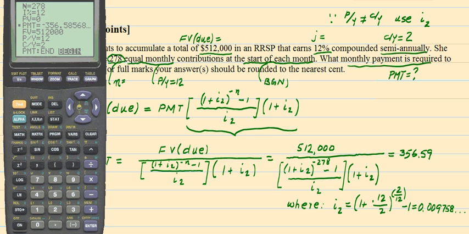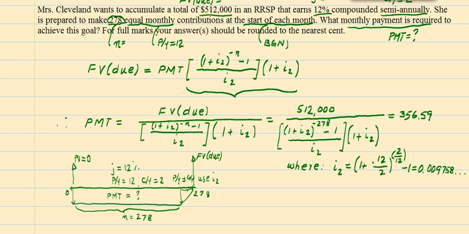Now if you want to see a cash flow diagram, on the cash flow diagram, we're going to show that at time 0 we have a present value equals 0, and the first payment starts at 0, which we don't know the size of that payment, but we do know that we have 278 payments. The last payment is at the beginning of the last payment interval, which is at the beginning of the 278th payment.